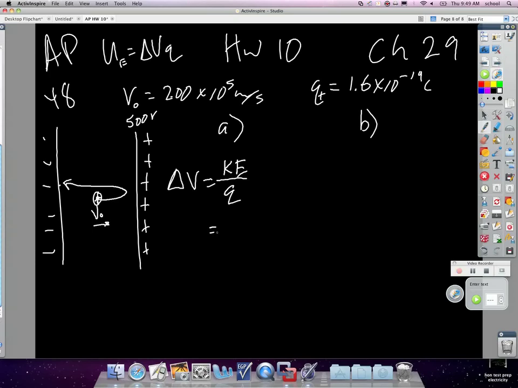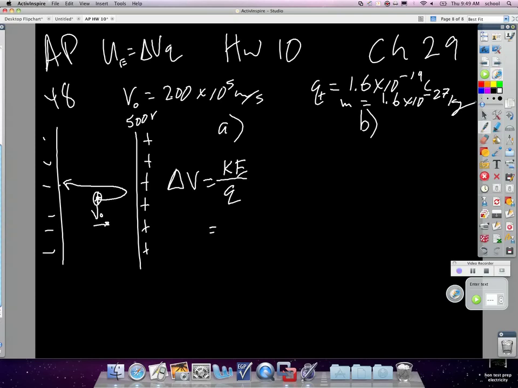Well, let's see. The mass of a proton is 1.6 times 10 to the minus 27 kilograms. Okay, and so that's 1/2 times that, so that's 0.8 times 10 to the minus 27 times v squared.